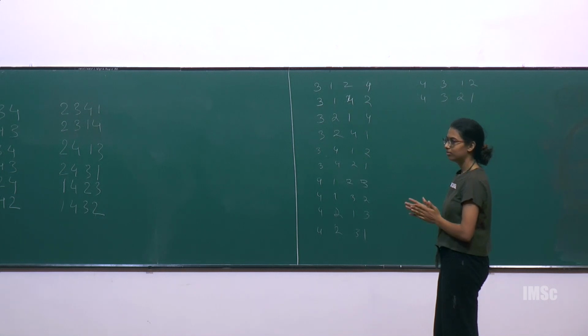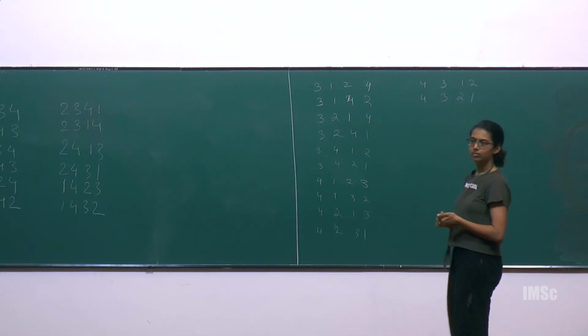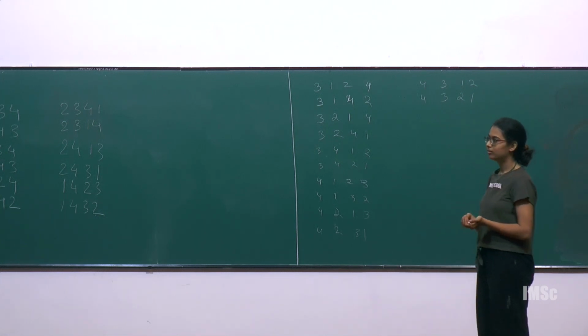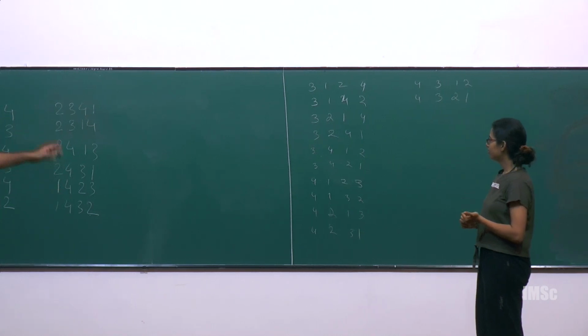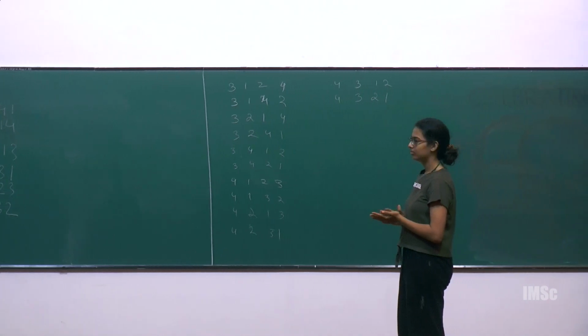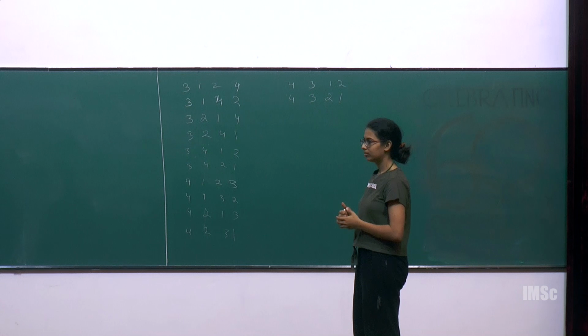I don't know if people noticed or understood what she just said. You need a systematic way of writing all of them out. So you fix each in turn. You have 3, 1, 2, 4, and then you continue to fix 3 and 1. You only change the thing at the end, 2 and 4. Then you come one step back, start 3, then 2 and 4, 2, 4, 1, and so on.